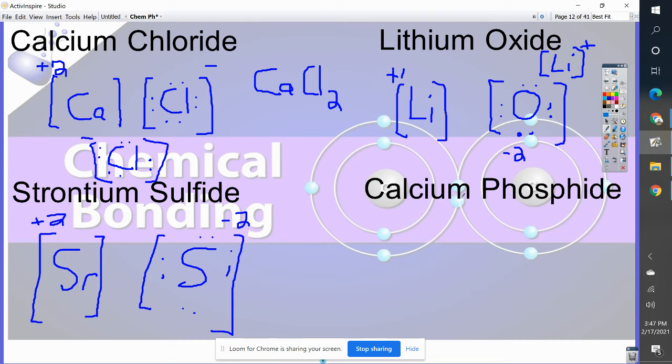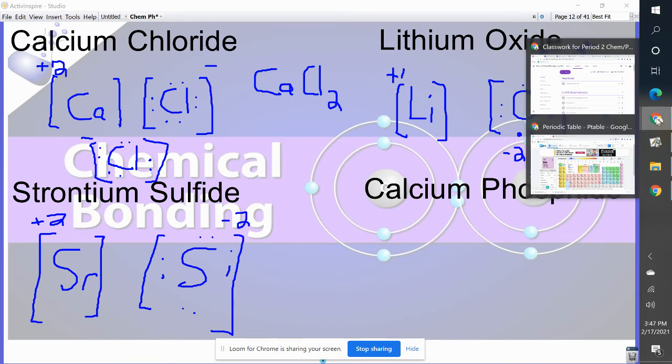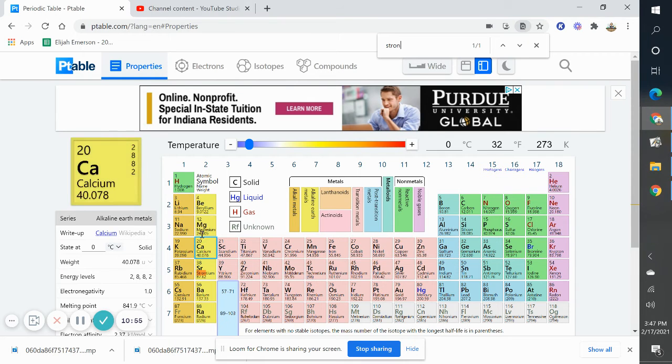All right, and we'll do the last one for today, calcium phosphide. So pull up your periodic table. Calcium, capital Ca, 2 valence.